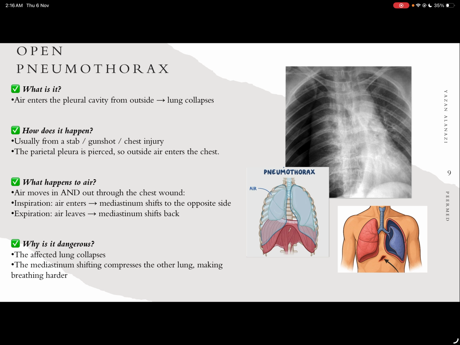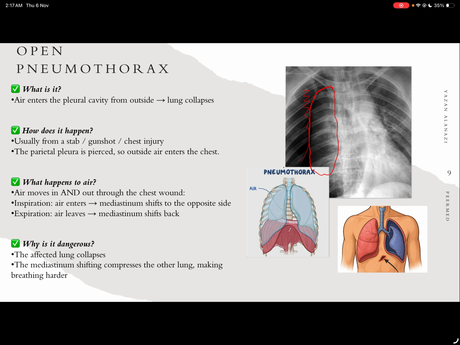In the X-ray, we know the black area is air. So when I see that most of the right lung is black, that means the lung has collapsed and shrunk into a smaller space. So that means we have an open pneumothorax.